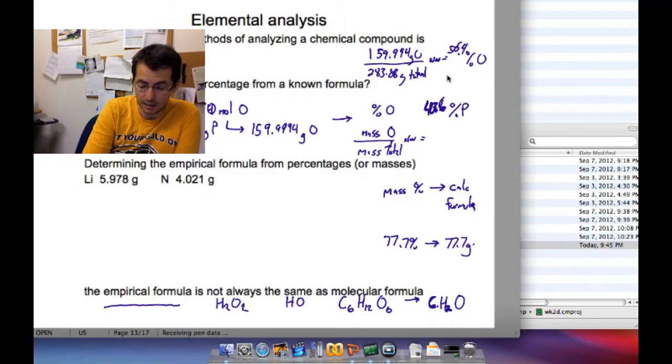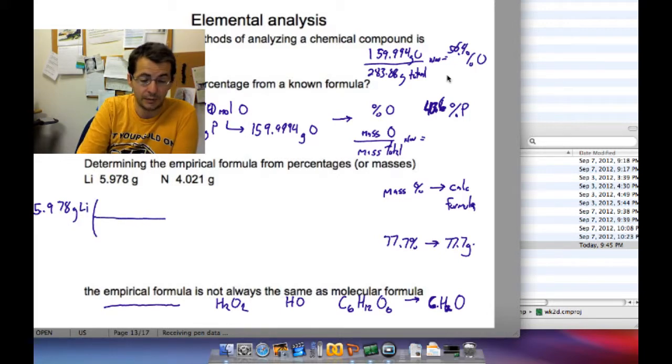So let's take a look at an example. We have a compound that contains just lithium and nitrogen. They don't tell us that it contains anything else. That's good. It contains just lithium and nitrogen. We can use the atomic mass of lithium to figure out how many moles of lithium. This is a simple gram to mole conversion.